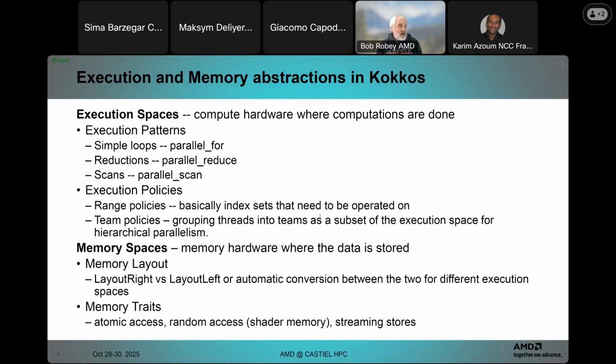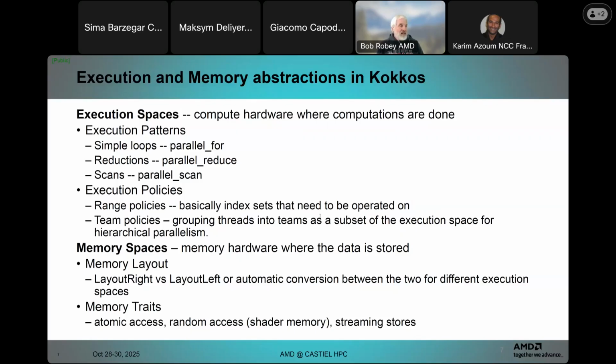So in execution spaces, which is what they call this abstraction, they are abstracting the compute hardware, and they have three execution patterns: simple loops, reductions, and scans. Now, scans were missing in the OpenMP standard. They have recently been added to fill that gap that they did not have coverage for.